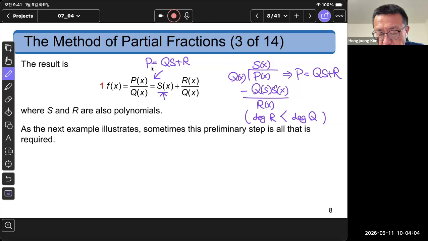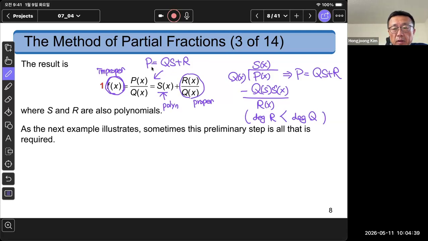So if f is improper, then we can always perform the long division so that this improper rational function can be written as the sum of a polynomial s plus a proper rational function r over q, right?